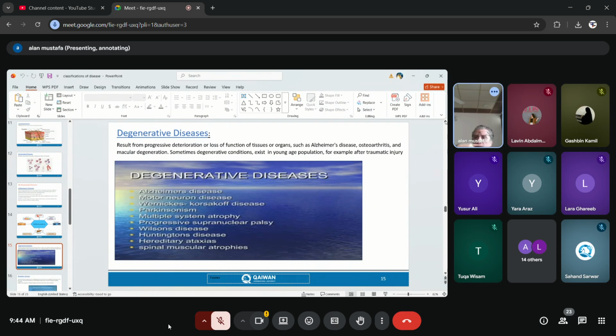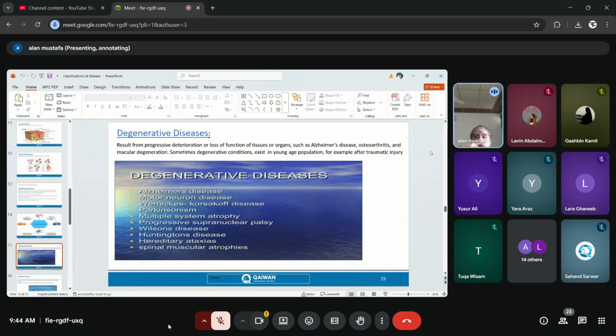An example is Alzheimer's disease. Alzheimer's disease is a type of degeneration. Osteoarthritis is a type of degeneration. In Alzheimer's disease, there is degeneration of the nerves.